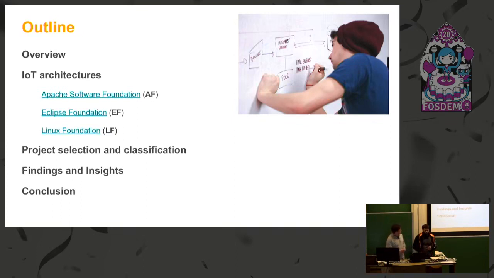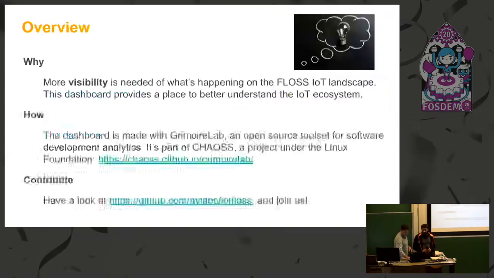And we have followed some criteria to select the open source projects, because you can imagine that selecting among the hundreds of open source projects that exist in IoT is difficult. So we have decided to focus on the projects that are already in the main open source foundations: the Apache Foundation, Eclipse Foundation, and Linux Foundation. After that, we are going to show you some findings and insights and some conclusions about our work.